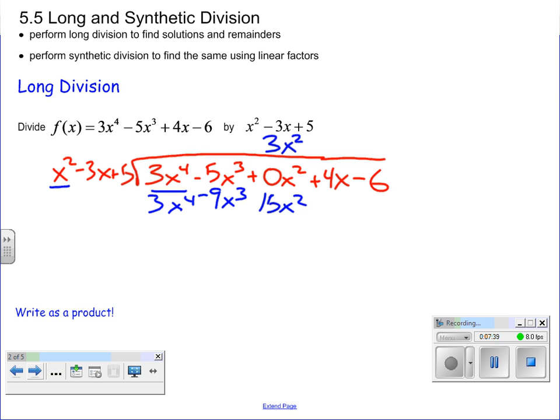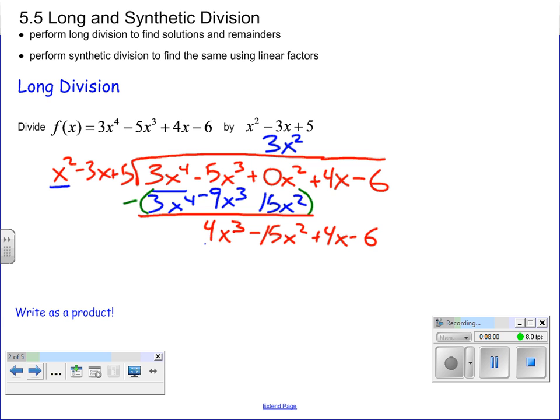And again, I'm going to subtract this entire polynomial. So now we're left with 5 minus 9 is positive 4x cubed minus 15x squared, and I go ahead and copy down the rest of the polynomial.